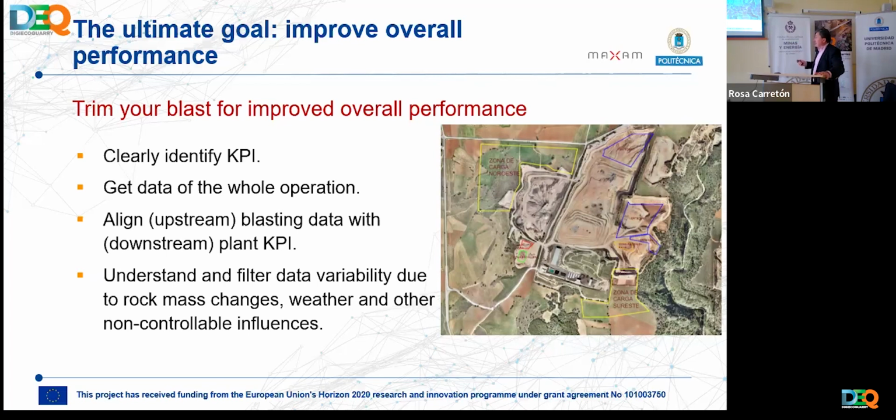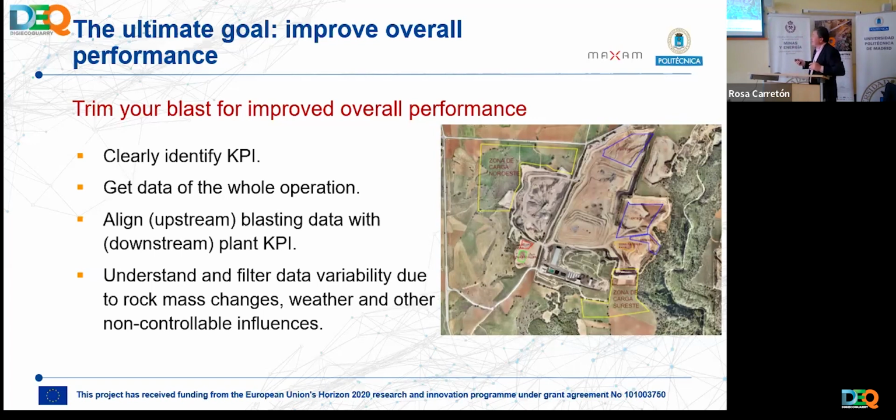Get data of the whole operation, and then what you have to do is to align those data that you are getting from the plant, some fraction amount, some yield data for metallic mines. All that, try to align that you are measuring on a timely basis, every day, every week.